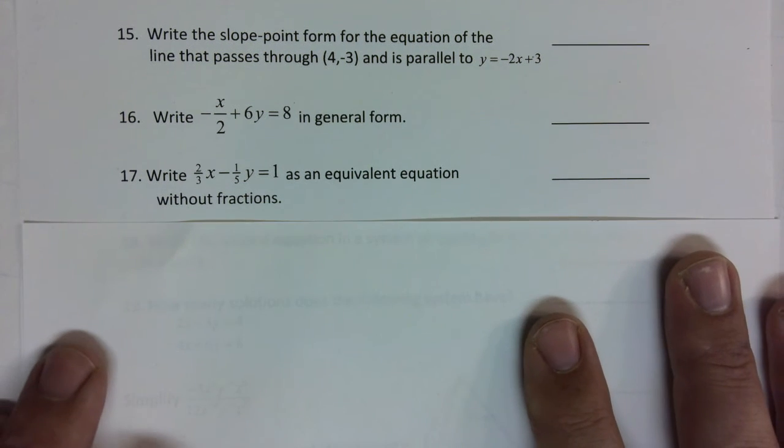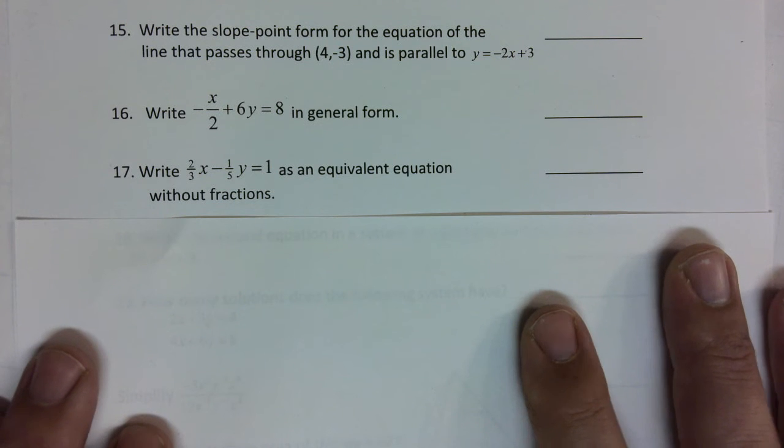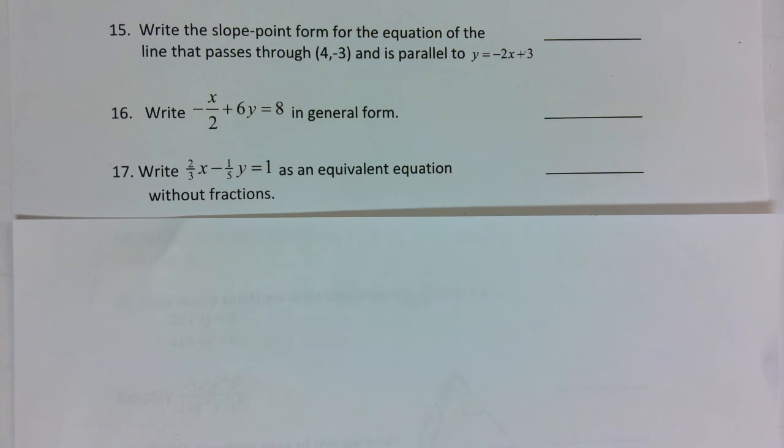And here it is. Write that equation as an equivalent equation without fractions. So basically saying rewrite this thing without fractions. How would you do that? Let's go one further.